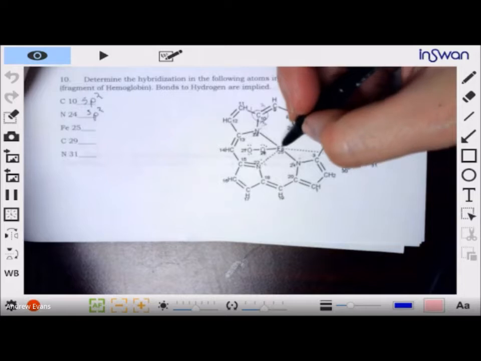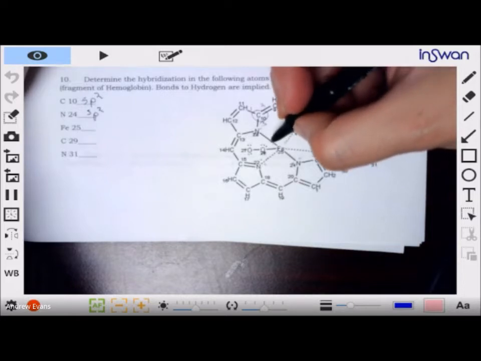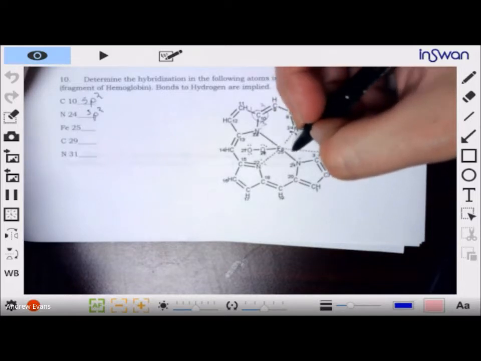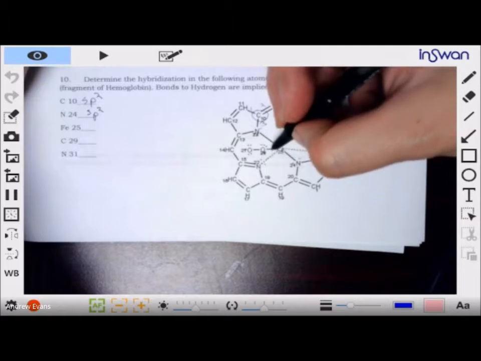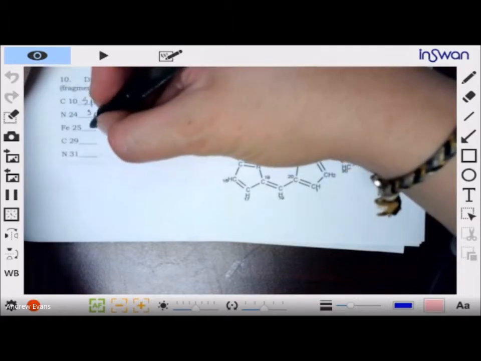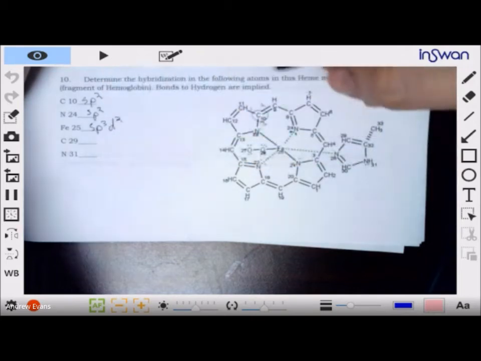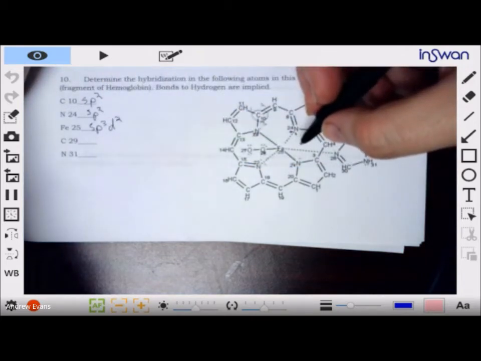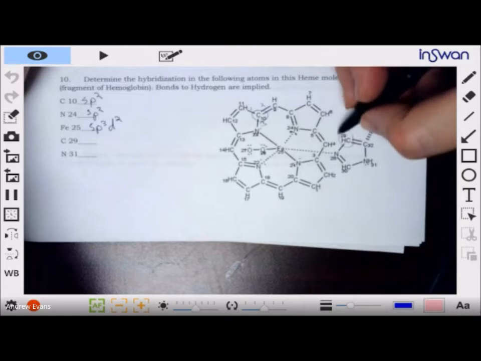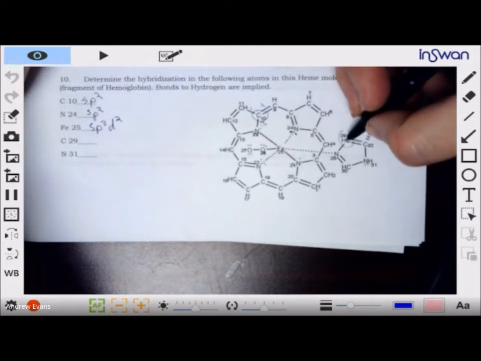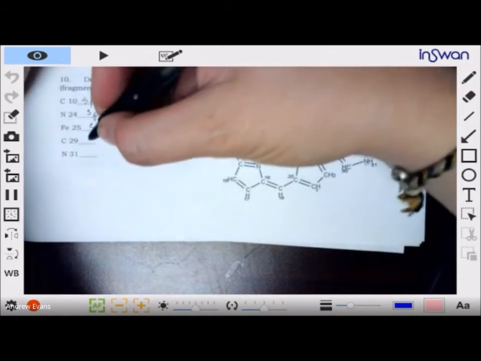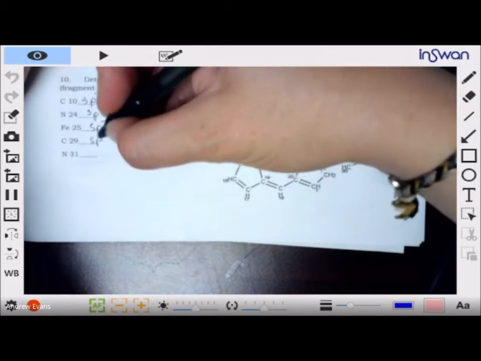The iron. How many things are coming off the iron? 1, 2, 3, 4, 5, 6. It's going to be octahedral, sp3d2. Carbon 29, way over here. 1, 2, 3. sp2.